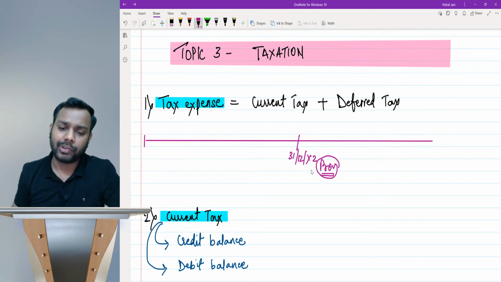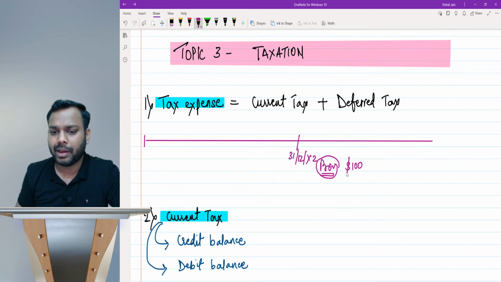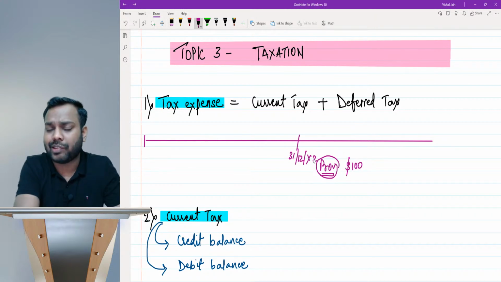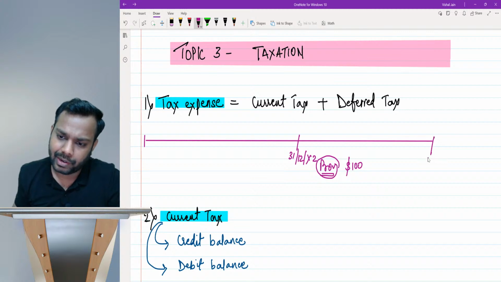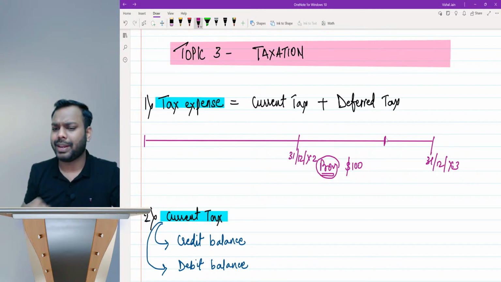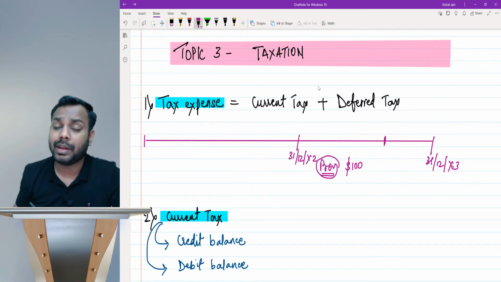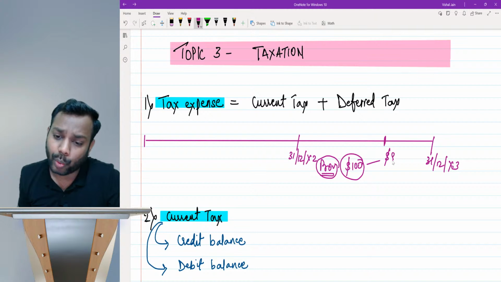So let's suppose I have made a provision of $100, and I closed this year's financial statements, it got audited and closed. Now let's suppose next year end, 31st December x3, the income tax department reviewed it and found that rather than 100 it should be $80 only.